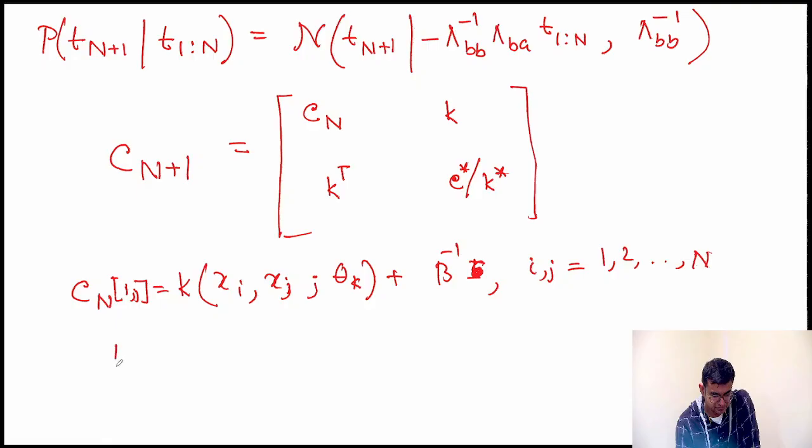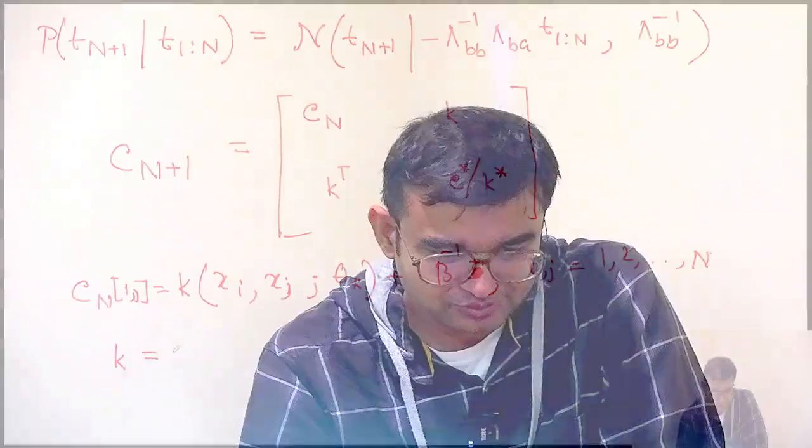What is K? First of all, what is the dimension of small k? No, it's not n cross n. With n cross n, it cannot be a constant. It is n cross 1. K is n cross 1. K transpose is 1 cross n. K star or C star is 1. So what do you think K is? It is the correlation between the input at which you want to predict and the training inputs.